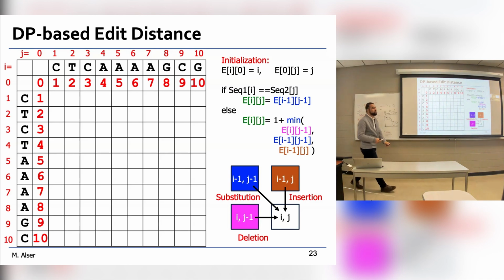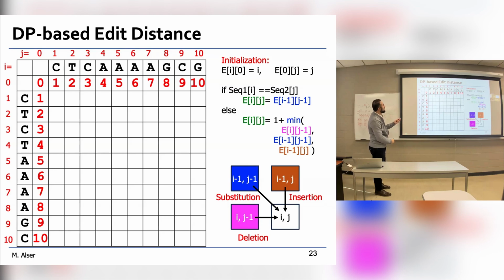Let's see it in the example. Now, C is not equal to T. What should we do? We should go to the else condition. Then this value, this empty cell, equals 1 plus the minimum out of the three neighborhood cells.